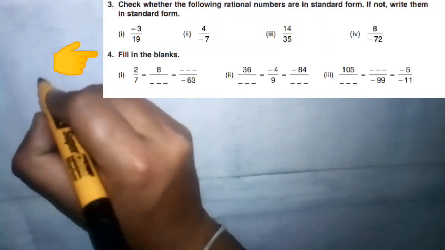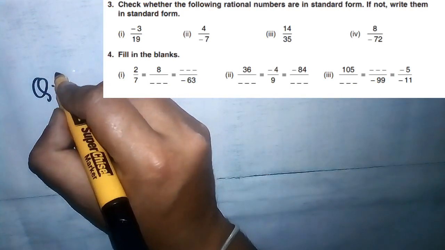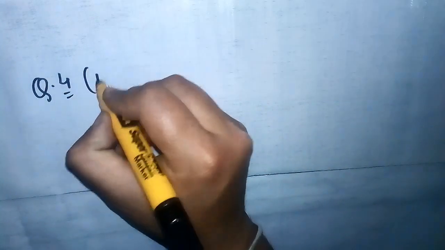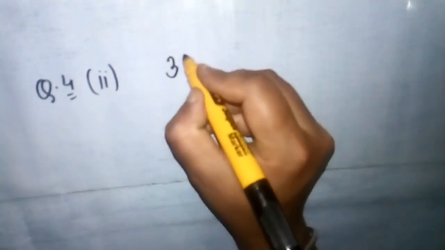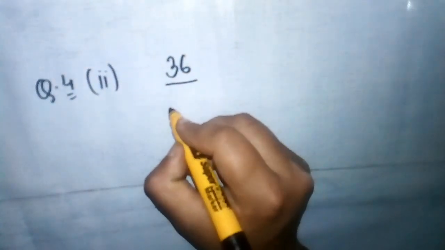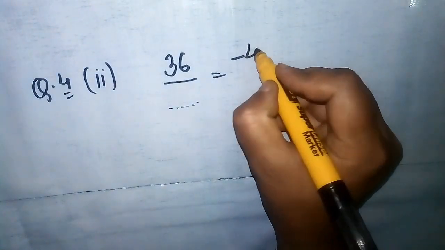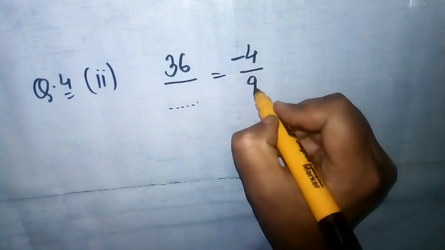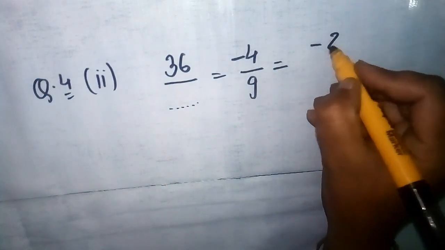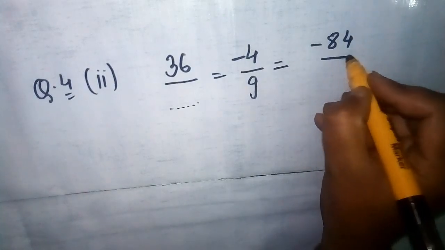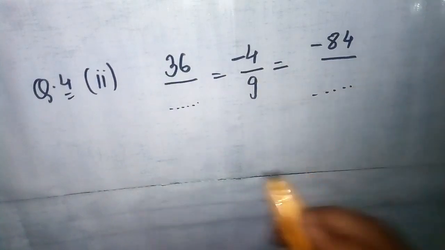So let us see now our last question, that is fill in the blanks. And here I am going to solve its second part, that is 36 upon blank equals to minus 4 upon 9 equals to minus 84 upon, again blank, means we have to fill something in these blanks.